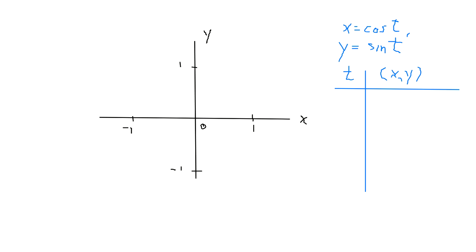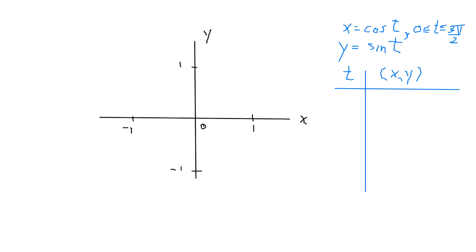We'll say that we want t to be greater than or equal to 0 and less than or equal to 3 pi over 2.